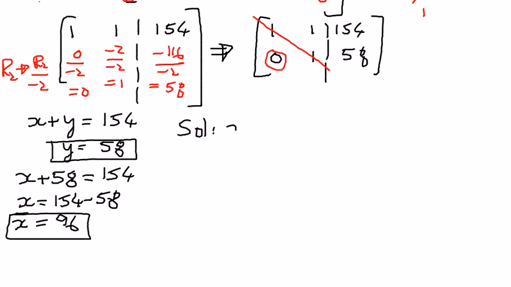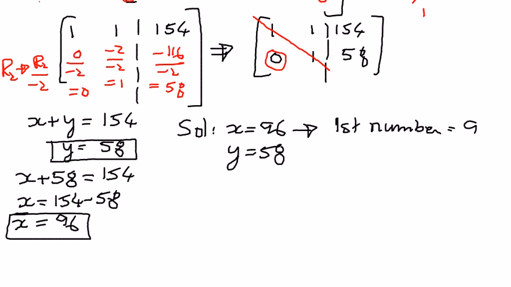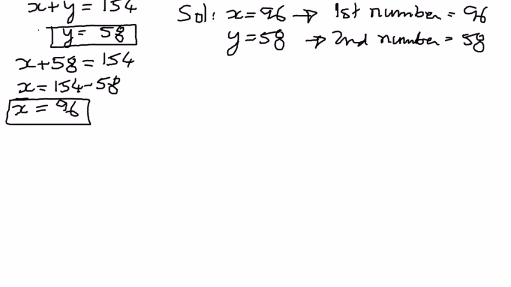The solution is x equals 96 and y equals 58. The first number is 96, and the second number is equal to 58, and we got both the values.